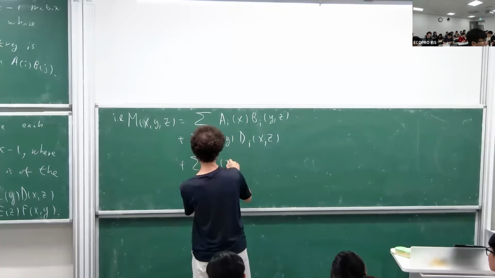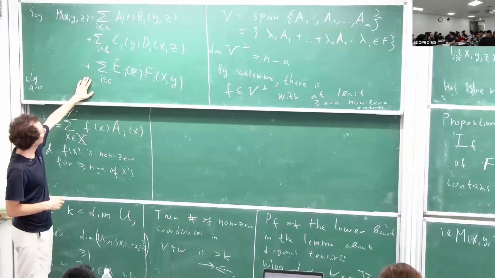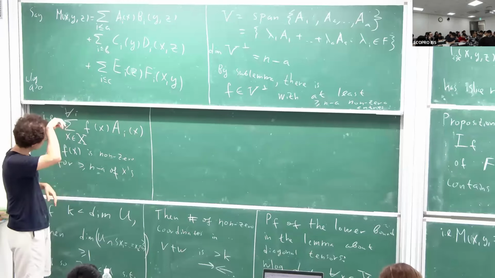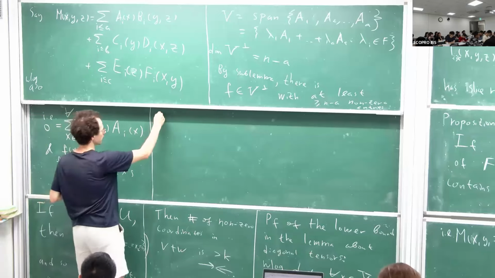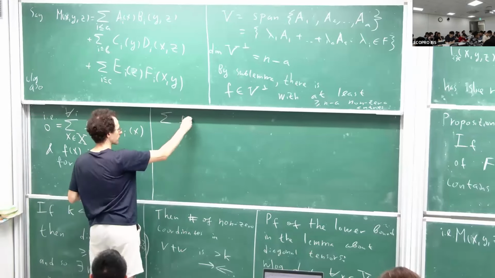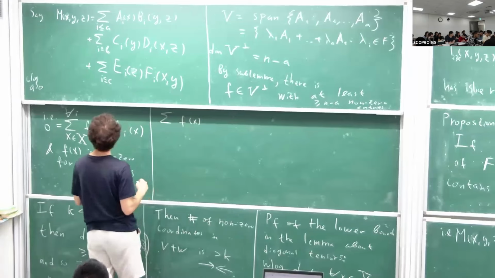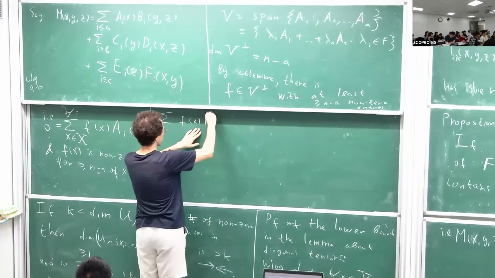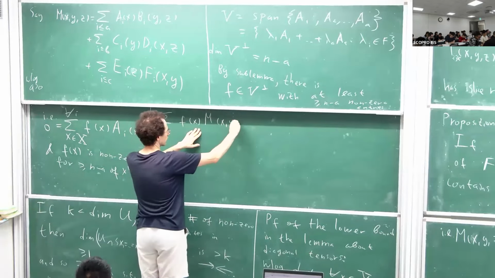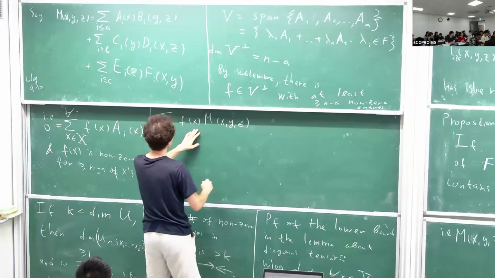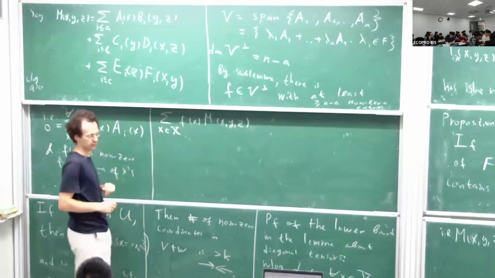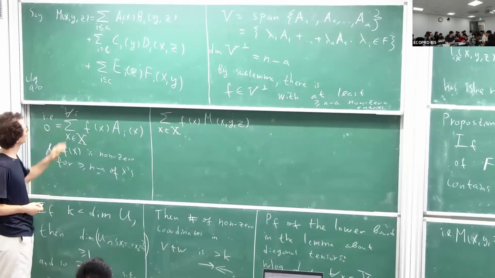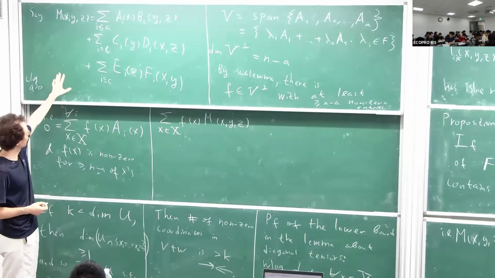So now I'm going to take this expression and take the inner product with f. So in other words, I'm looking at the sum over x of f of x times the tensor at x, y, z. Good. So let's evaluate it.